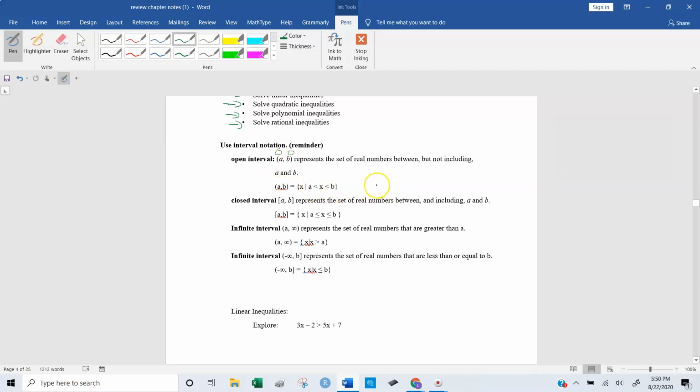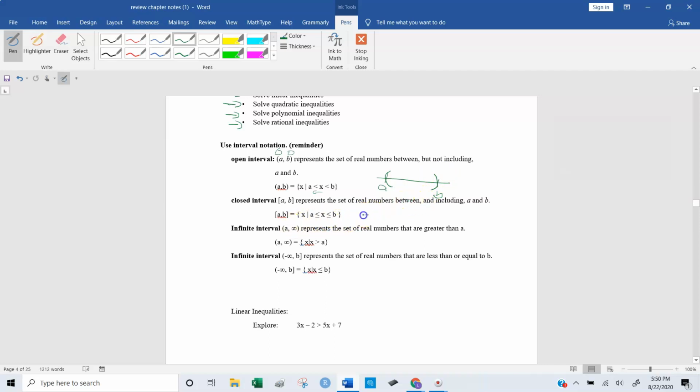So when X is between A and B, whatever A could be, 5, and B could be 127, it doesn't matter. X is greater than A, but that's a parenthesis because that means it cannot be equal to A, and it also has to be less than B, which is also a parenthesis because it cannot be equal to B.